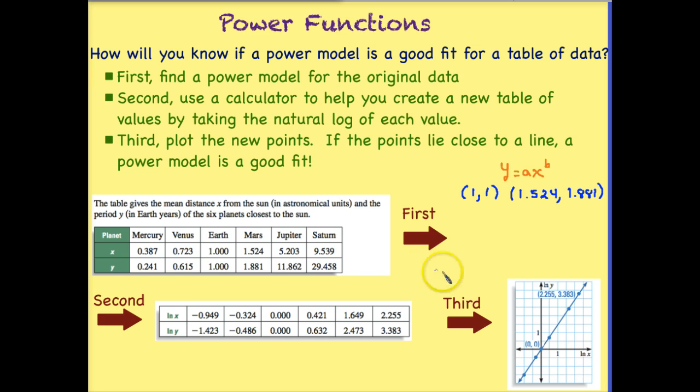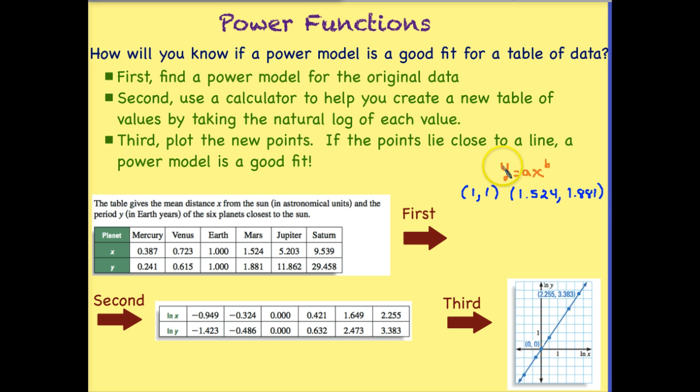We can find a power model either by using power regression on our calculator or by doing it manually. So make sure you can do both. Let's go ahead and do it manually just so that you know how to do that. The first thing is to pick any 2 points from our table of data. So I picked (1, 1) because that was probably the simplest, and then I randomly picked another point.